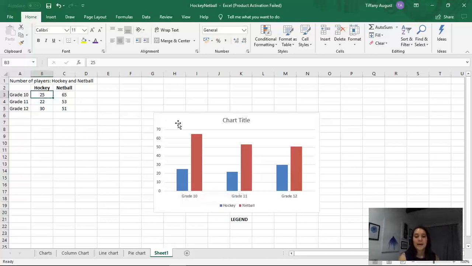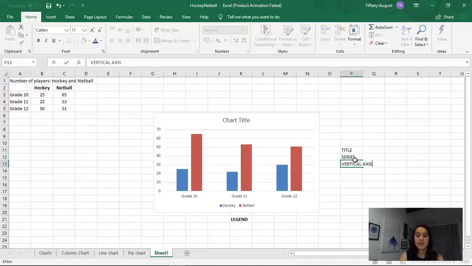Okay, this we call our vertical axis. Obviously, it works up and down our chart. This is our horizontal axis, what works left or right across horizontally. Title we've already touched on. These we call our series. Okay, so series, we've got your title, and we've done your vertical axis, your horizontal axis.